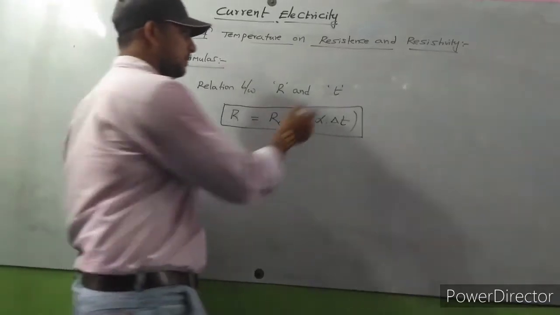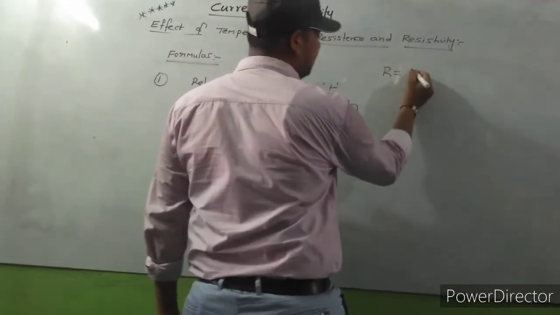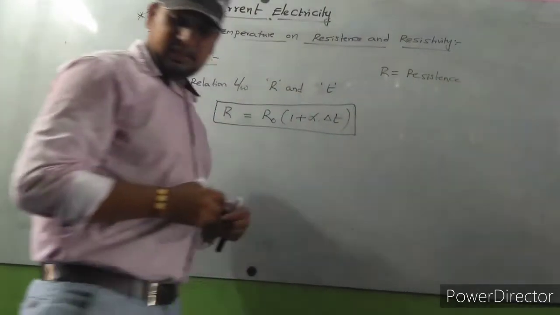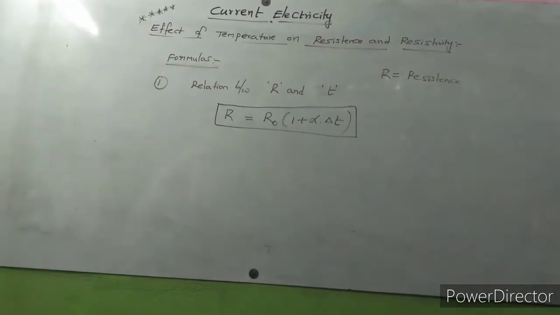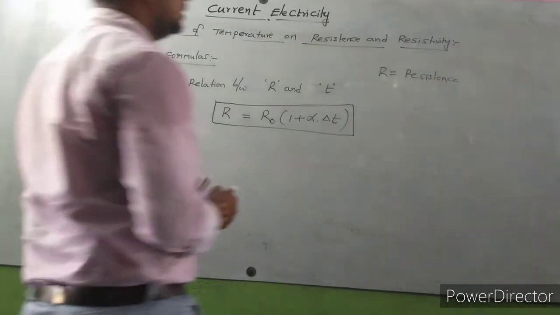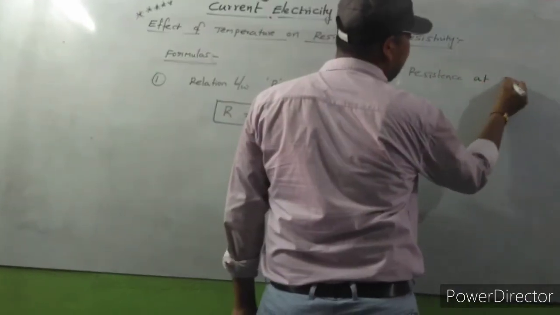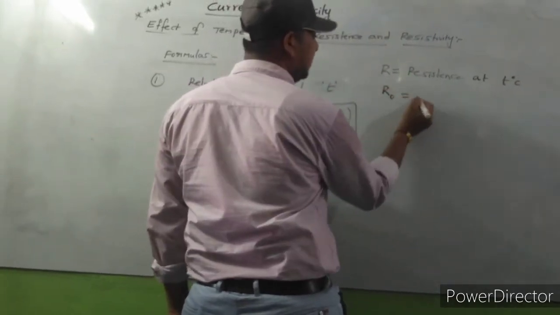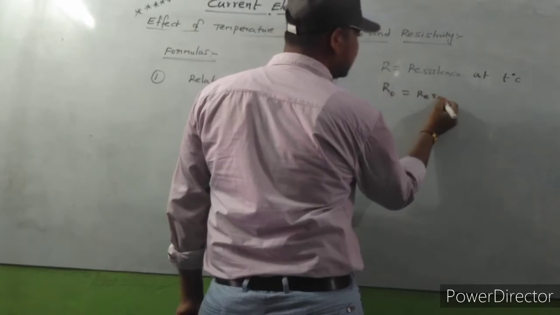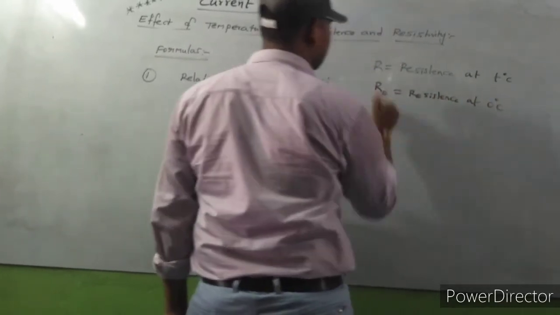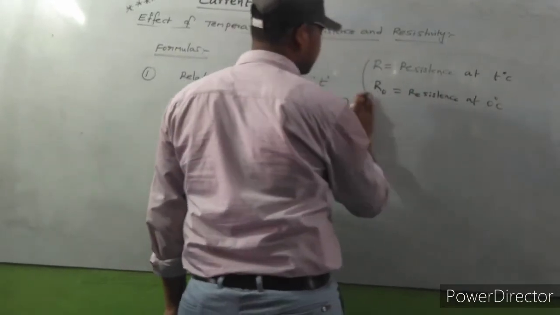R means resistance at t degrees Celsius. R naught means resistance at 0 degrees Celsius.